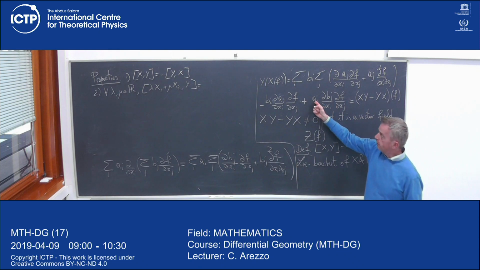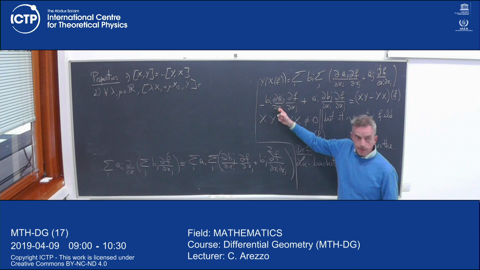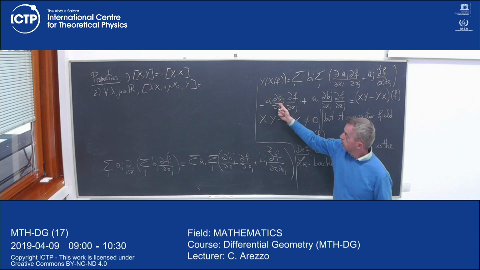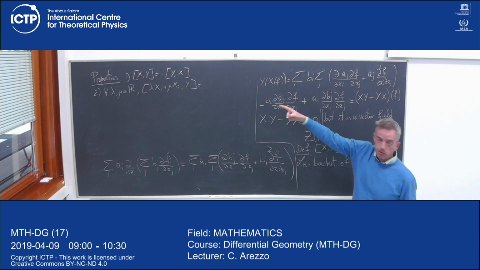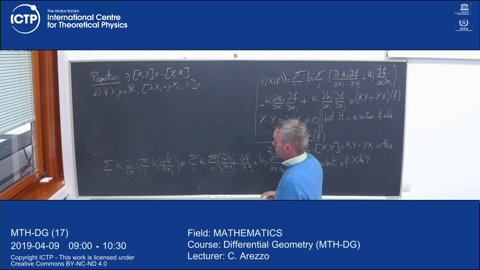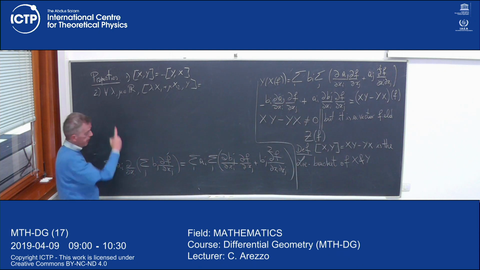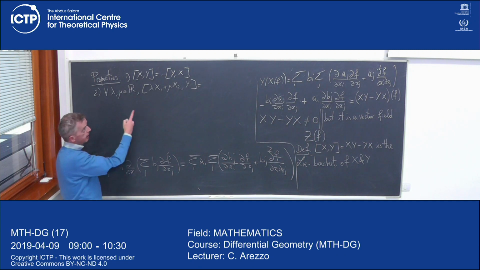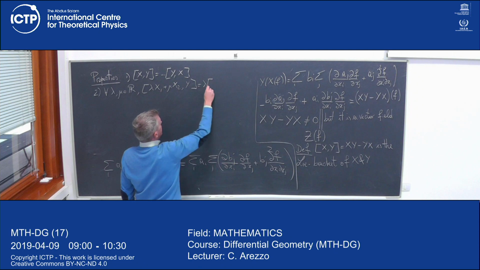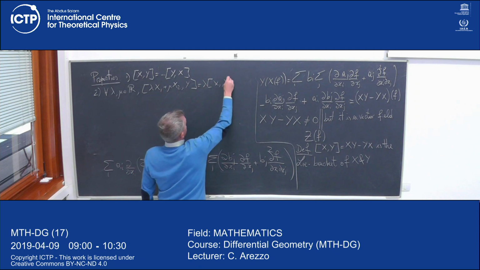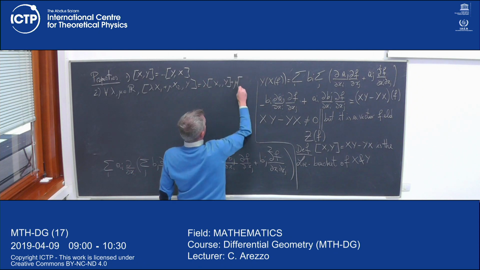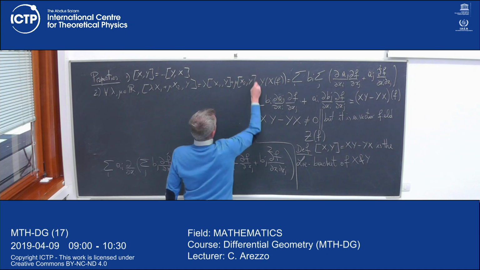Why constant coefficients? Because here I'm taking the derivative. So everything here is linear, and so this is linear. That's the point. If these were functions, this would not be true. I can multiply a vector field by a function, but then the nice property will fail.